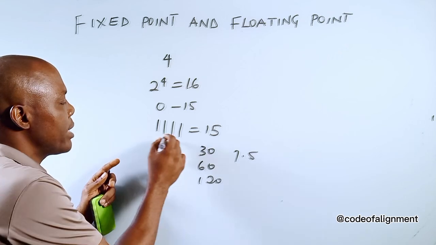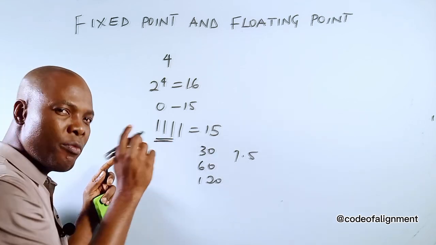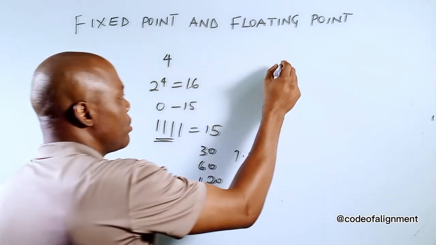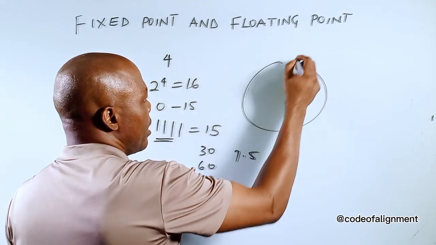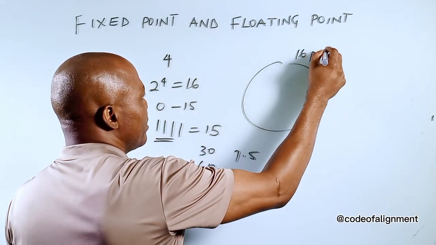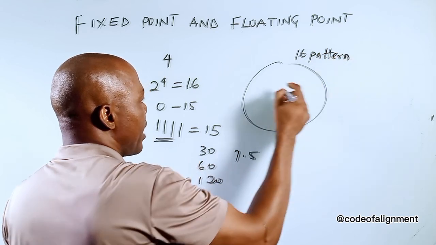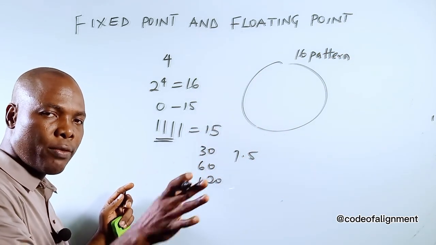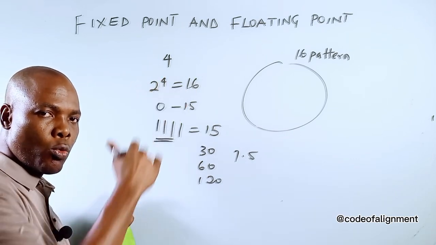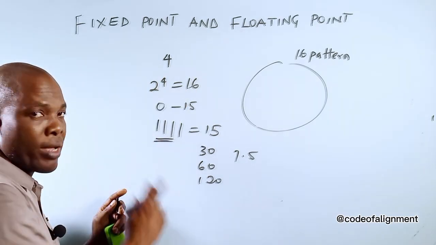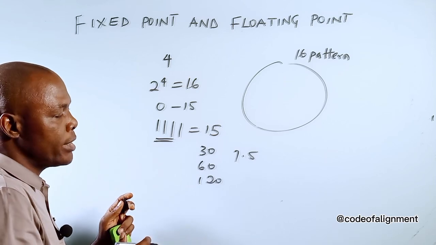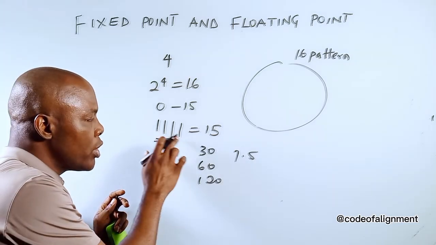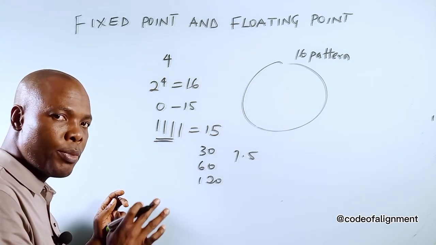So how do I do that? I want the number of bits to still be 4, so I am dealing with a 16 pattern system. I demonstrated that for you in the last class, from 0 to 1111, which is what we are seeing. I want to represent 30, but I don't want to change the number of bits, just 4 bits.